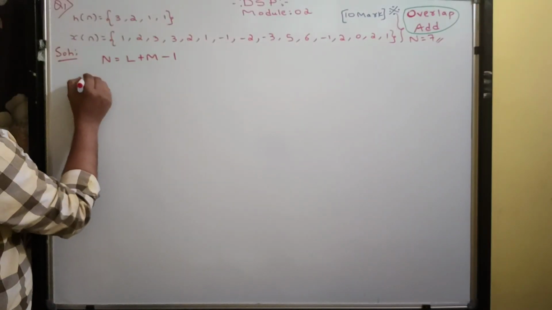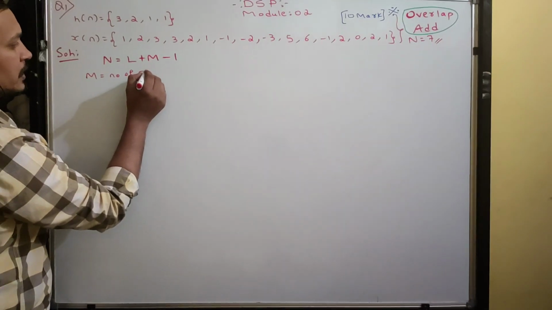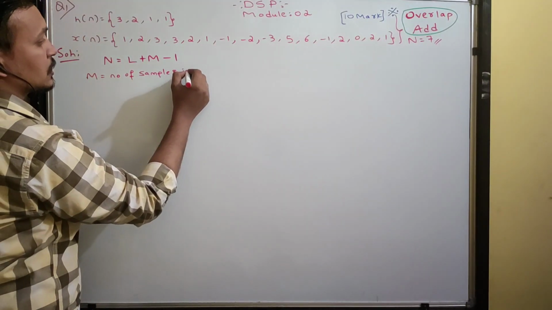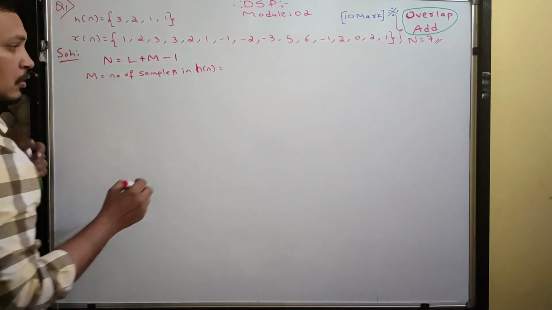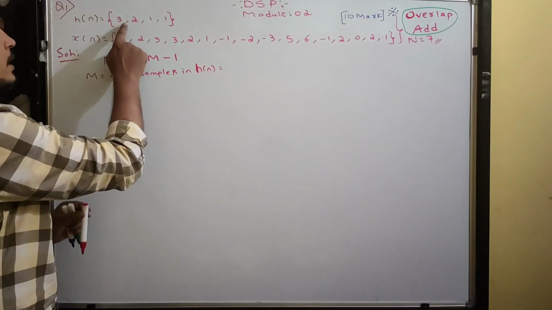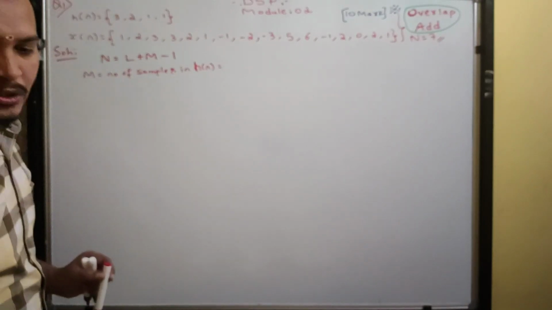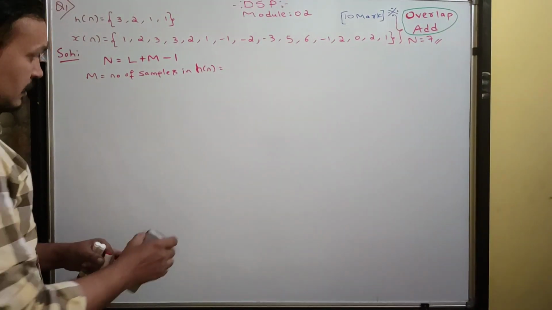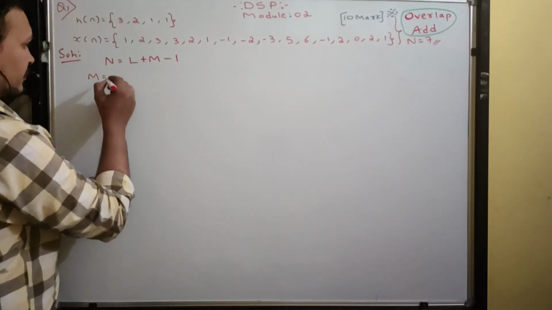M is the number of samples in h of n. How many samples are there? 1, 2, 3, 4. The total number of samples in h of n is 4. So M value will be 4.